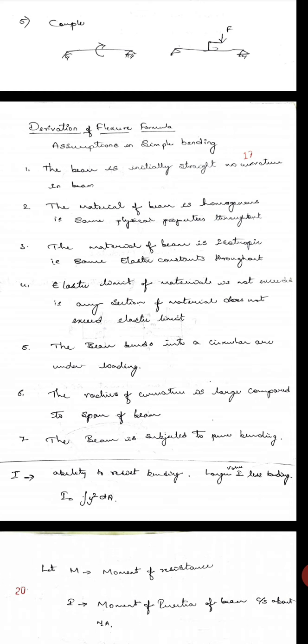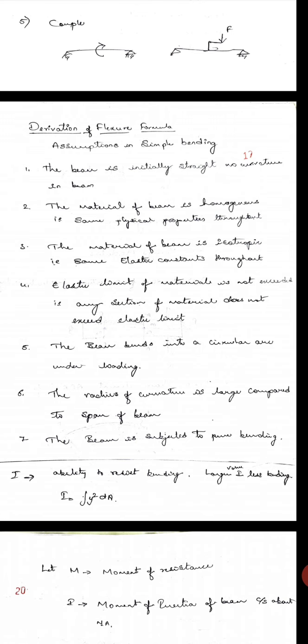Fourth one, the elastic limit of the material is not exceeded. So any section of the material should be well within the elastic limit. It should not go towards the yielding limit, and it should not go into the plastic stage.